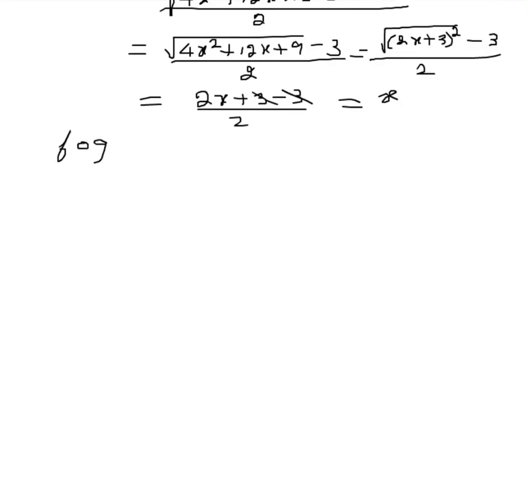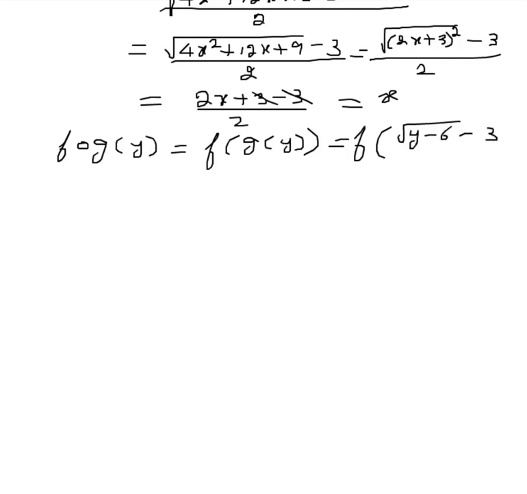Let us calculate f composite g of y. F of g of y function is root of y minus 6, minus 3, over 2. Let us substitute in the f function.